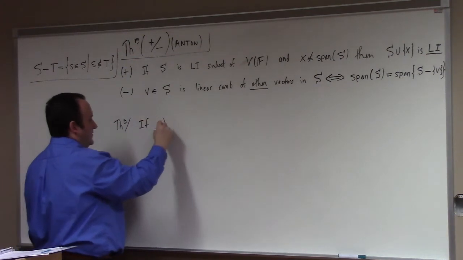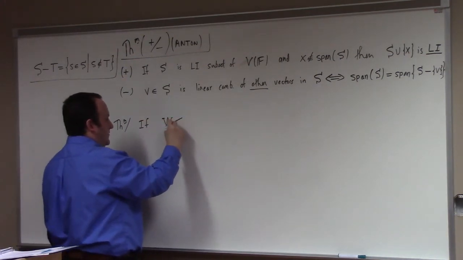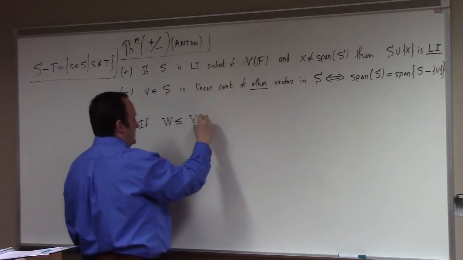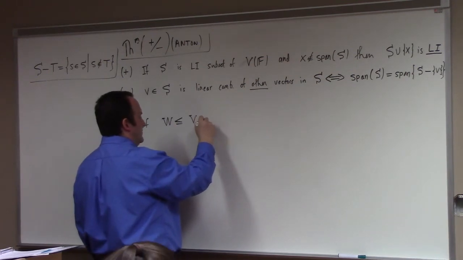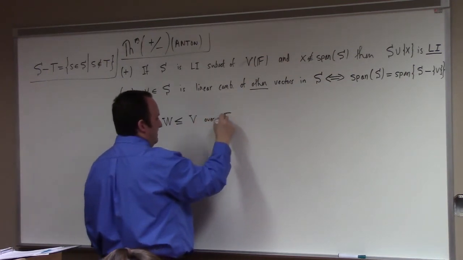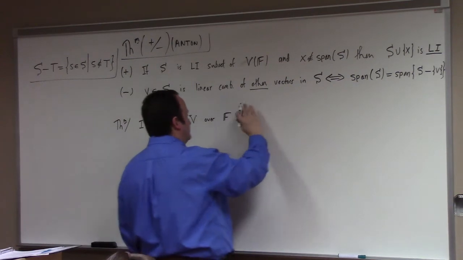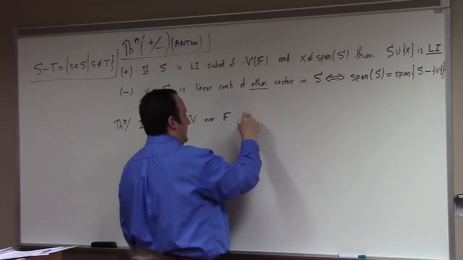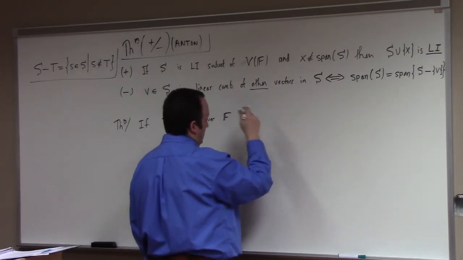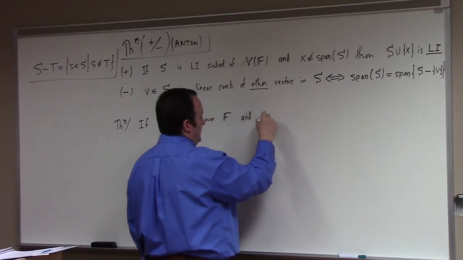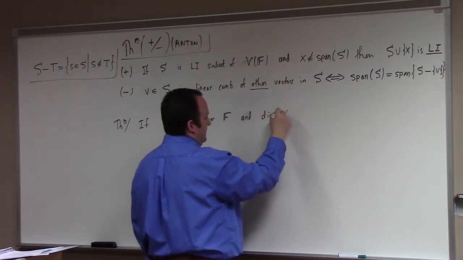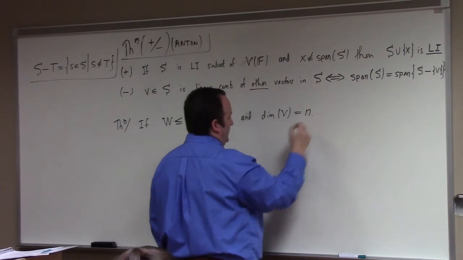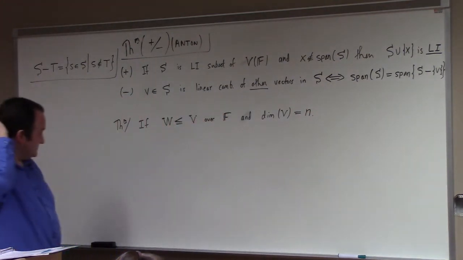So theorem: if W is a subspace of V over F, right? And I'm just going to keep it simple here. The dimension of V is equal to n. I'll give you the finite dimensional argument.